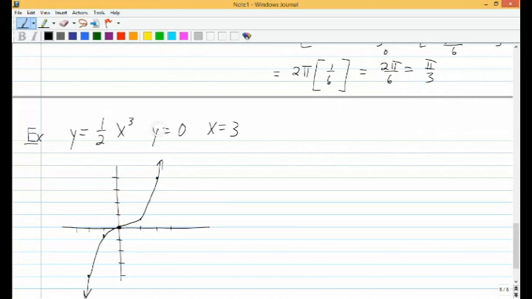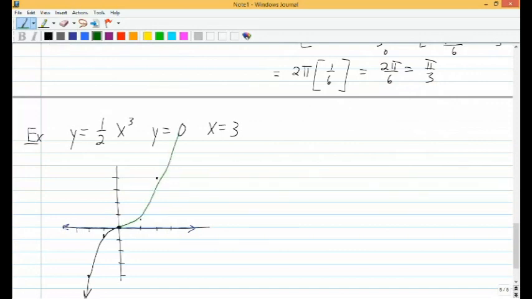Then I have y equals 0, which is the x-axis. And then I have x equals 3. The way that my graph is drawn is probably not to the best scale. You can see that's a big 1 right there, so I'm going to have to extend it out a little bit.